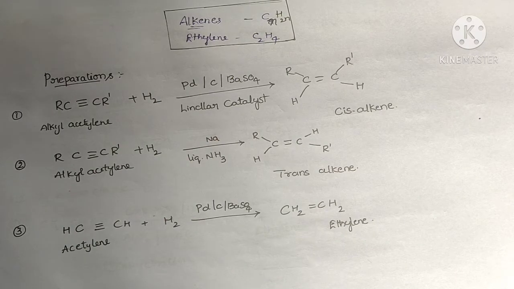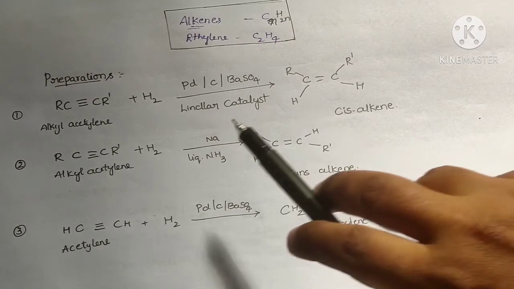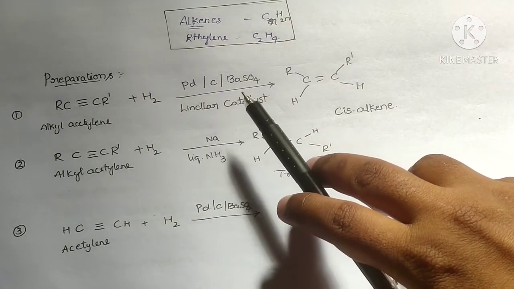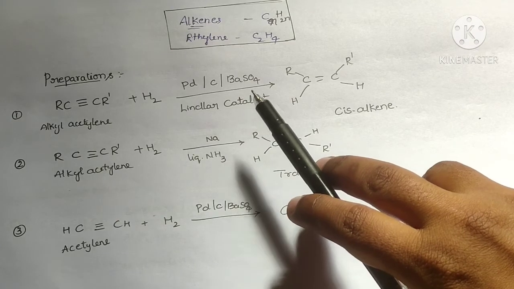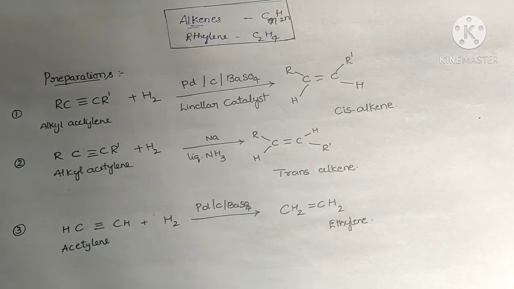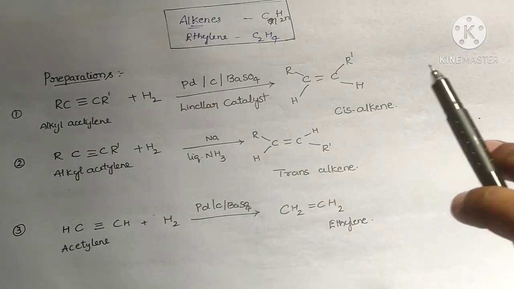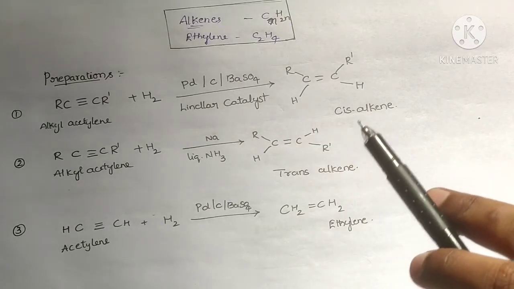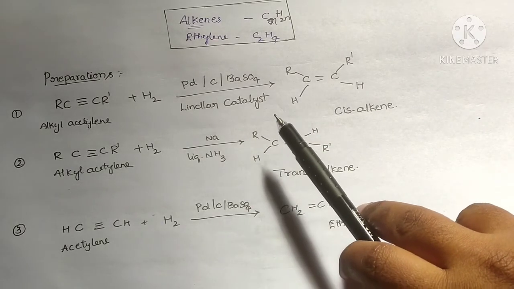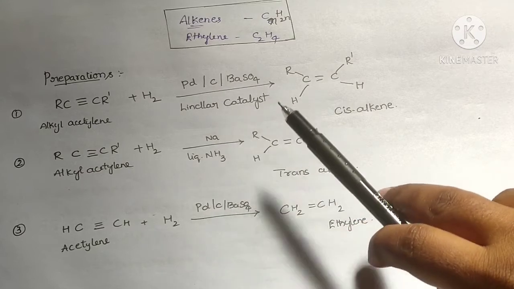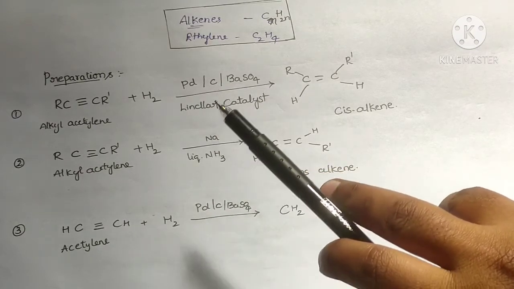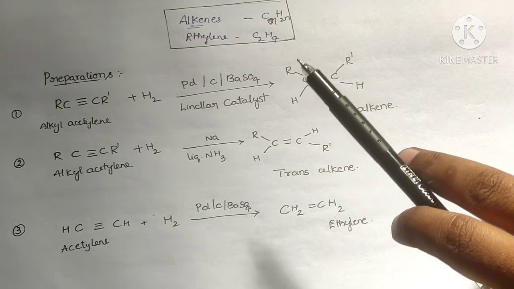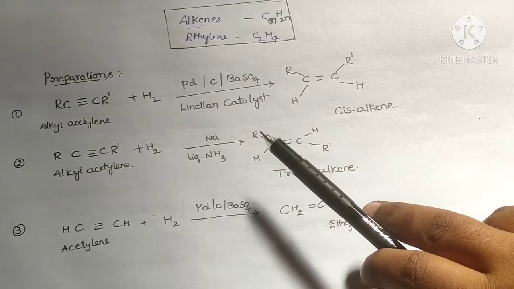So we take the alkyl acetylene and then add hydrogen and the catalyst palladium, carbon, BaSO4. This catalyst is called Lindlar catalyst. What is Lindlar catalyst? Hydrogen and palladium, carbon, BaSO4 is called Lindlar catalyst.